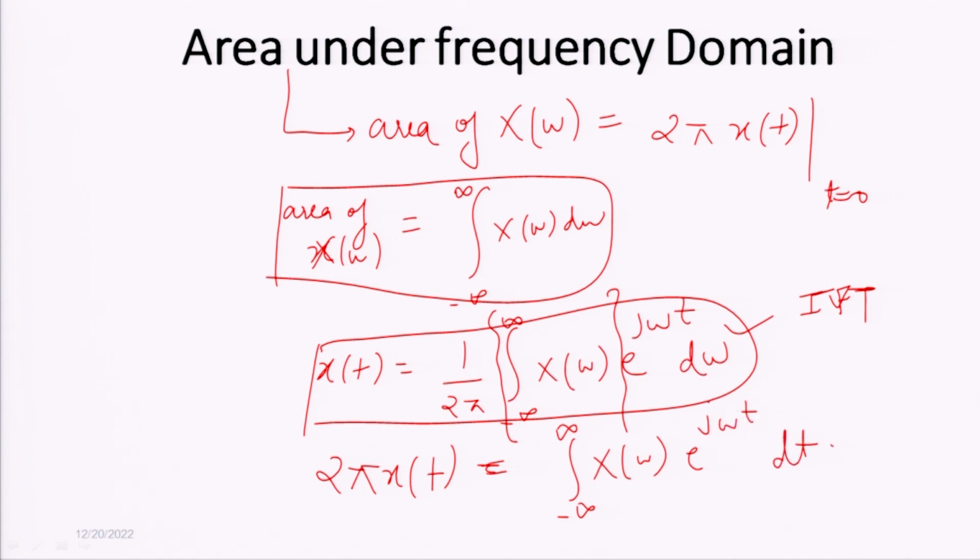Now from this, we require only the integral of X(omega) d omega. So, here we will keep t equal to 0.